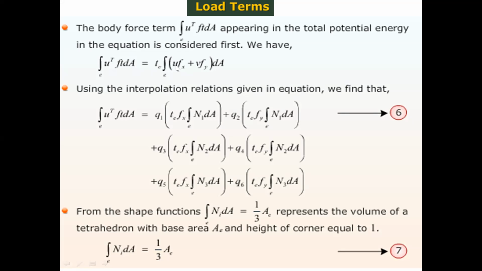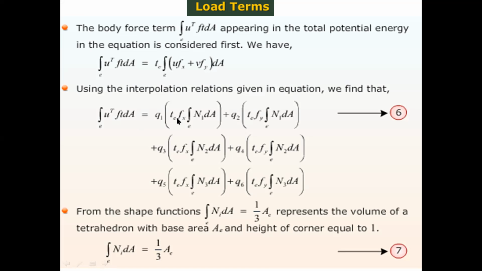Again, U you can write as N into Q. So U is NQ. N is again N1, 0, N2, 0, N3, 0, and you have the V term 0, N1, 0, N2, 0, N3. That is the N matrix. You have components of Fx, Fy. So when you multiply those U and V, substitute and expand, you can write in terms of Q's.